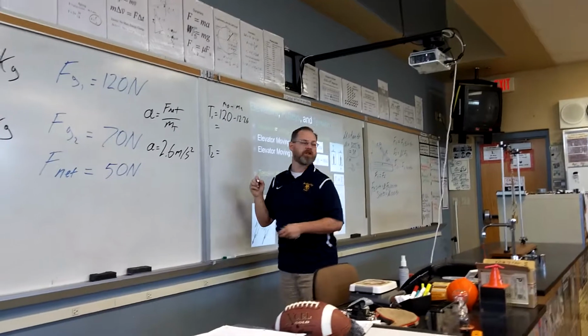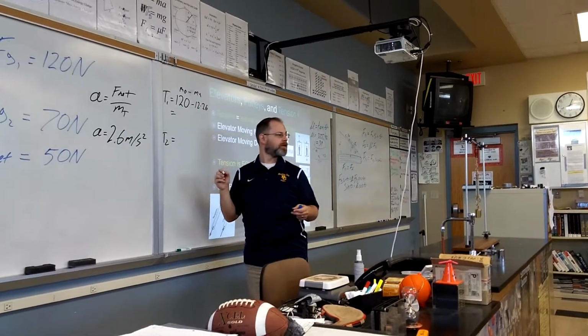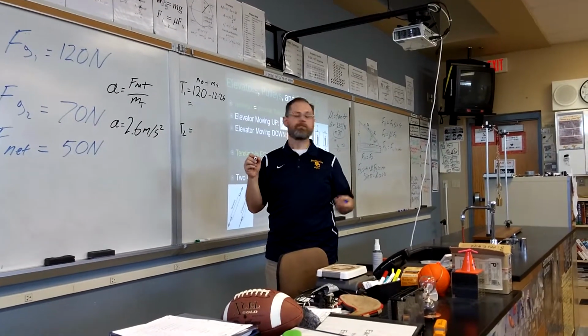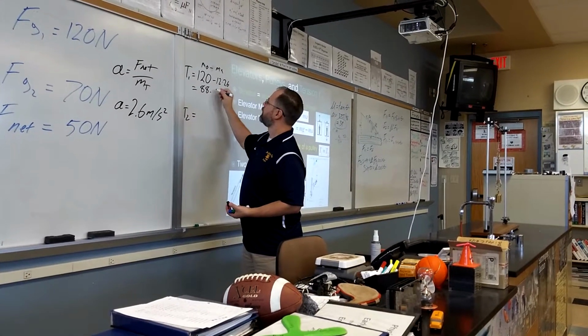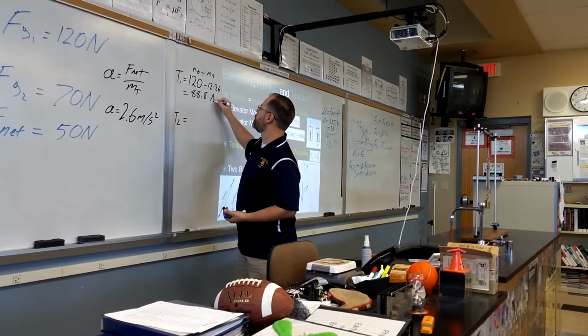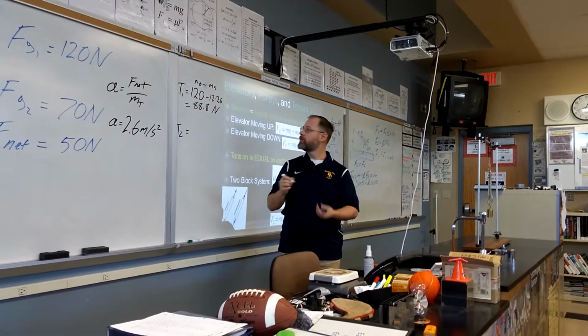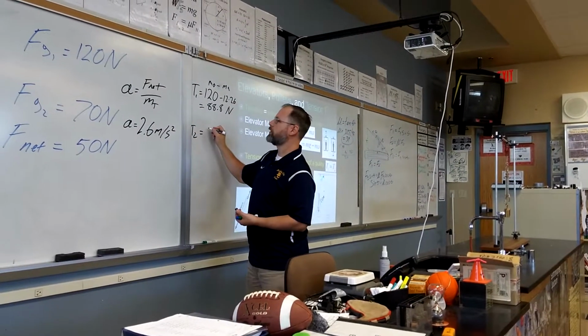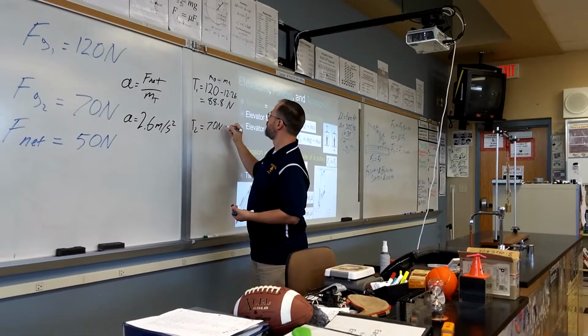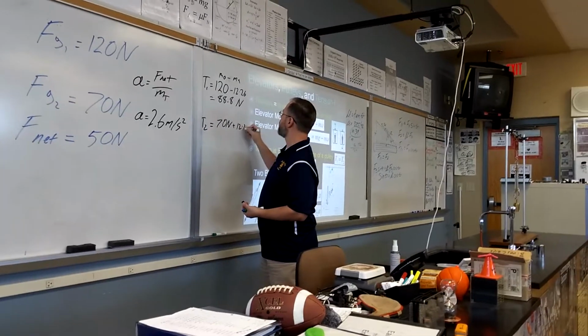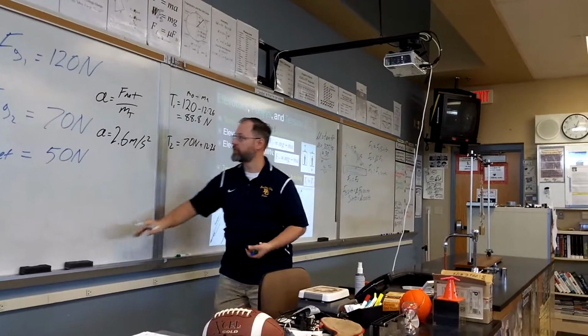What did we get for the tension on the left side? 88.8? Wow. We're going to the future. Okay, 88.8 newtons. And T2, we have our 70 newtons plus 7 times 2.6.